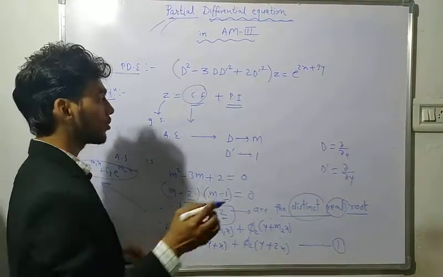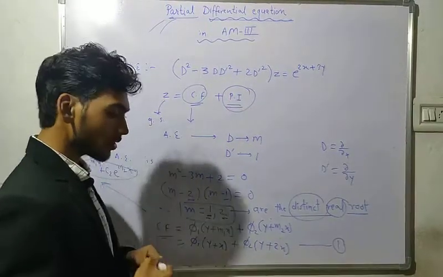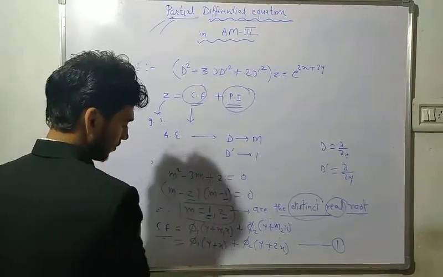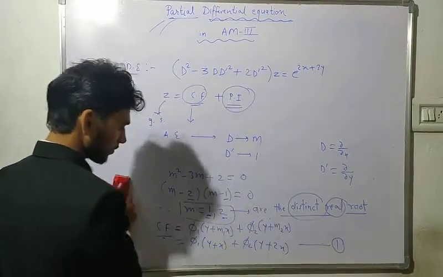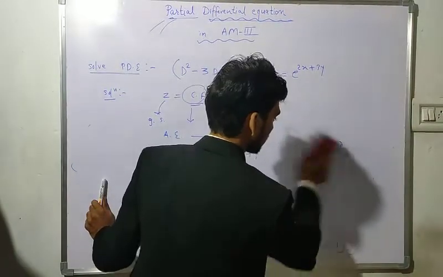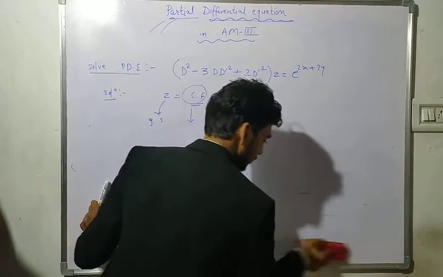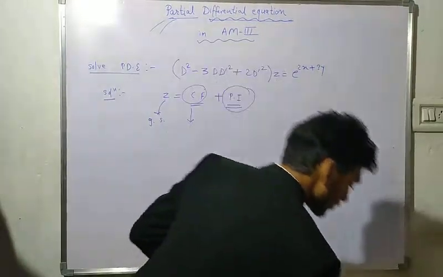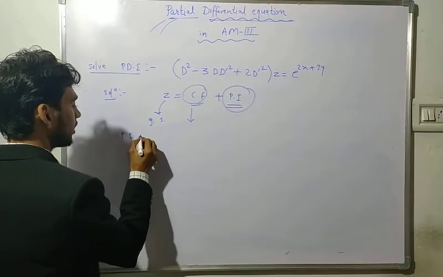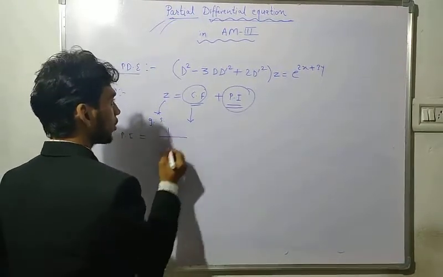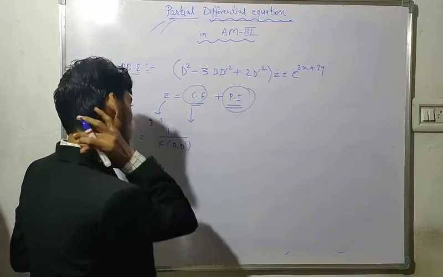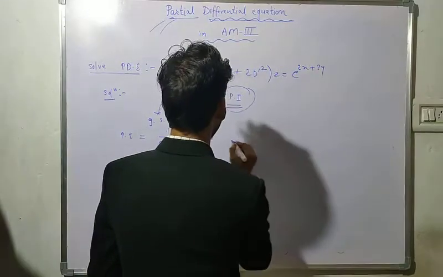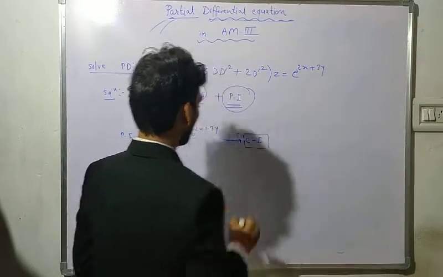Now in order to find the complete solution, we have to find the PI. The PI, that is the second part of the solution, is 1 upon f of (D, D') into e to the power 2x plus 3y, and this is case 1 in this chapter.